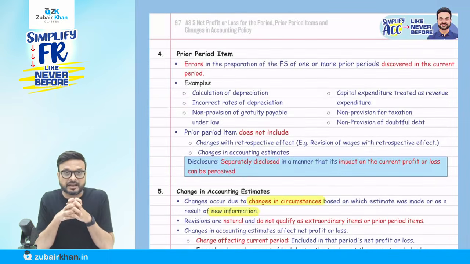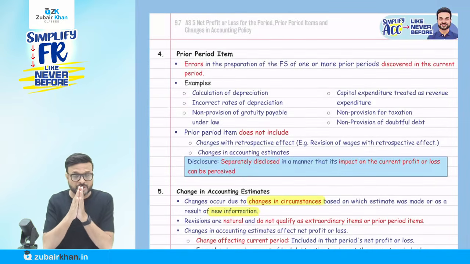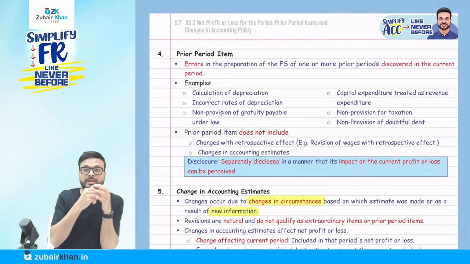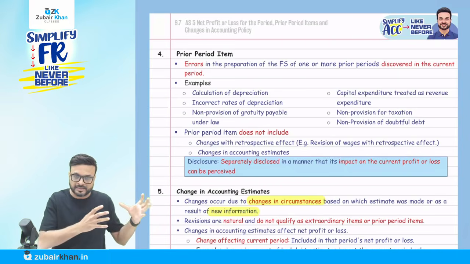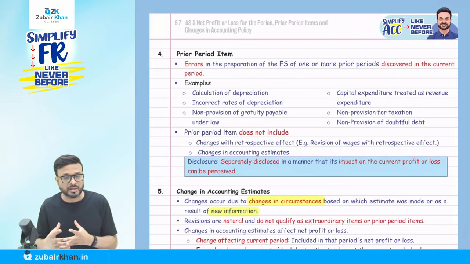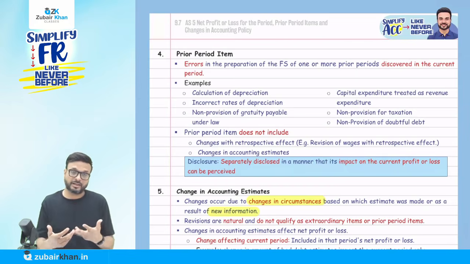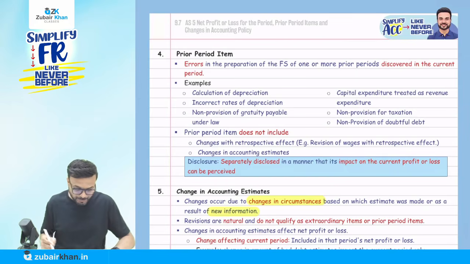Prior period item says that errors in the preparation of the financial statements of one or more prior periods are discovered in the current period. To make it simple, we have made certain errors in the past. Now during the year we come to know about it, and now we are rectifying it. That is a prior period item.